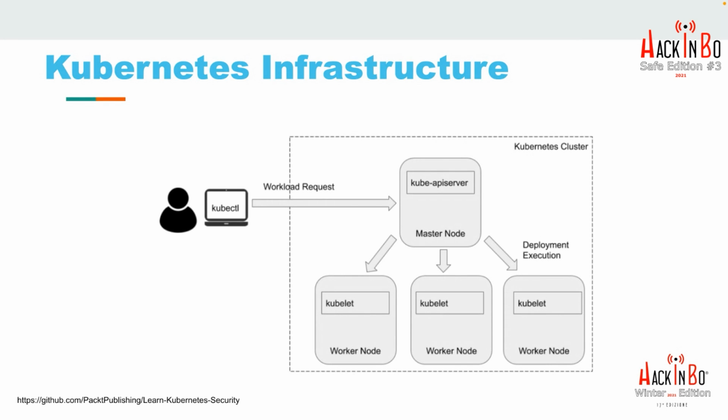The cluster might have more than one worker node, and here is where the containers are actually created and deployed. In each worker node, the kubelet is deployed to talk with the master and receive the different actions from the kube API server. I won't go into too much detail on the Kubernetes components available by default in masters and worker nodes, but this is a super high-level view of how a Kubernetes cluster works.